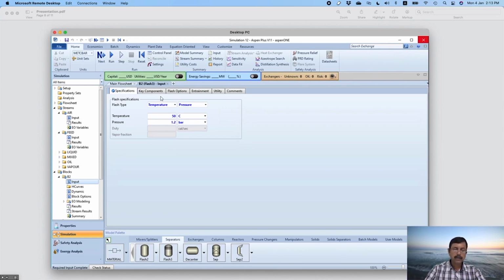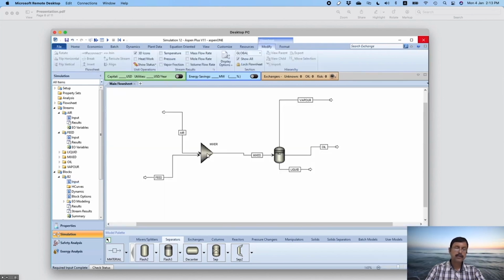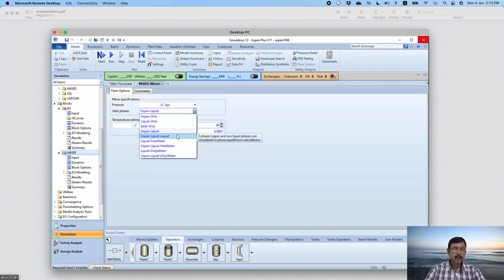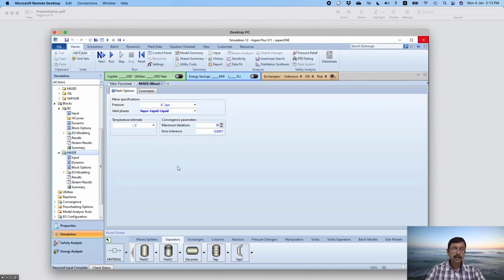But still we want to go and see the condition in the mixer. It is showing vapor-liquid, but we have water and oil, so let us say vapor-liquid-liquid. Okay. So now run.